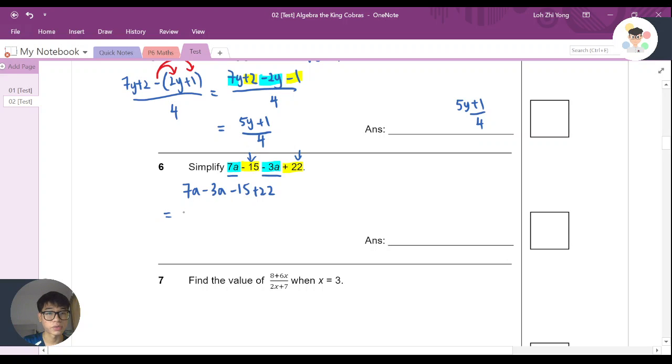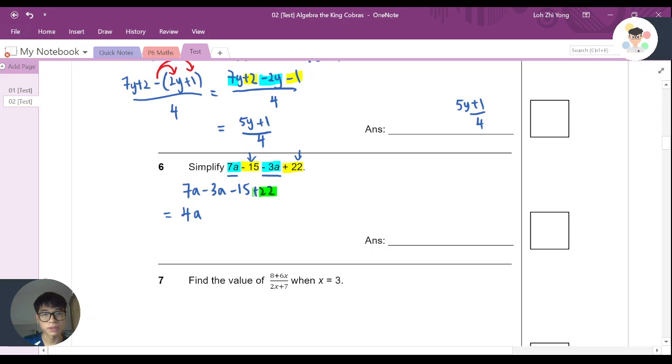7a minus 3a is equal to 4a. Now, this is a part that quite a few of you got wrong, because you thought that this minus is just put here. Again, the same concept I'm repeating. Minus and plus, which one is bigger? I mean, 15 and 22, which one is bigger? 22, right?